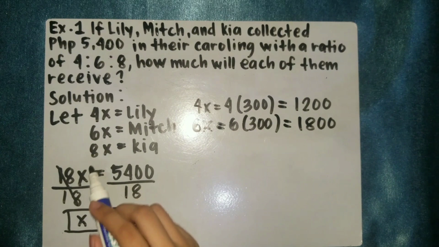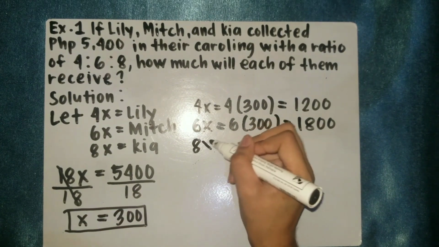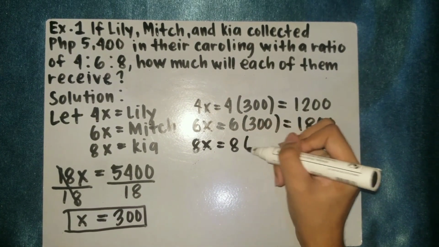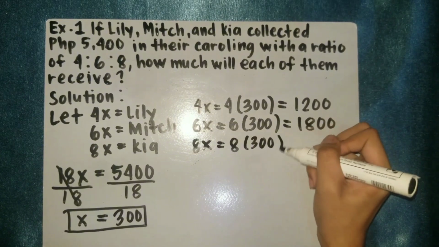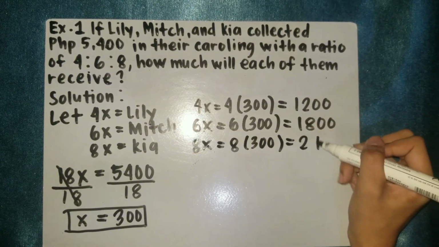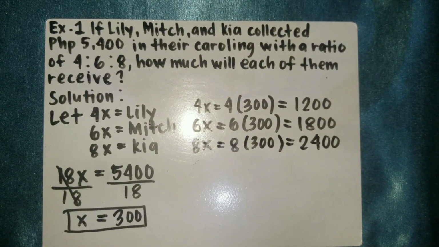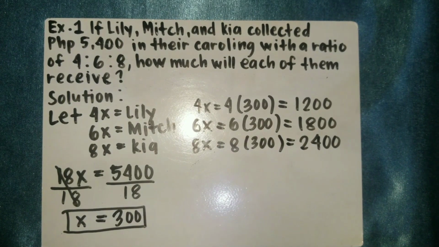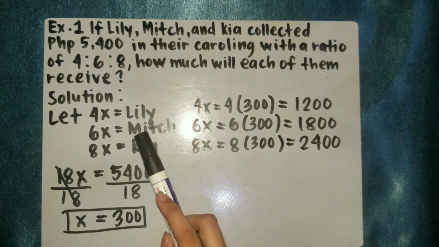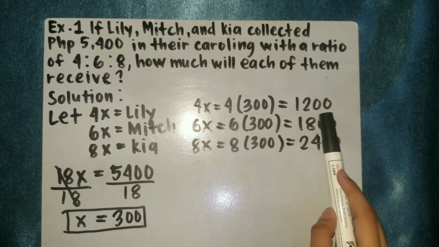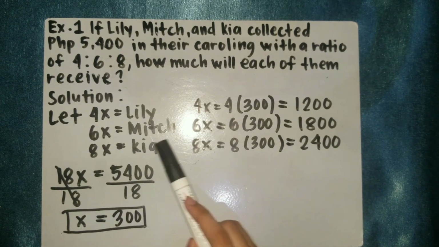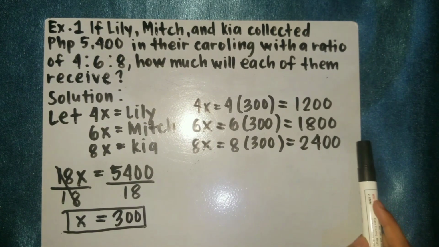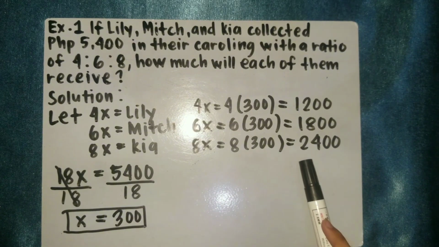Then last, itong 8x. 8x equal 8 times 300 equal 2,400. So, ito na ngayon yung matatanggap nila Lily, Mitch, and Kia. Si Lily ay makakatanggap ng 1,200 pesos, si Mitch naman ay 1,800 pesos, at si Kia naman ay 2,400 pesos.